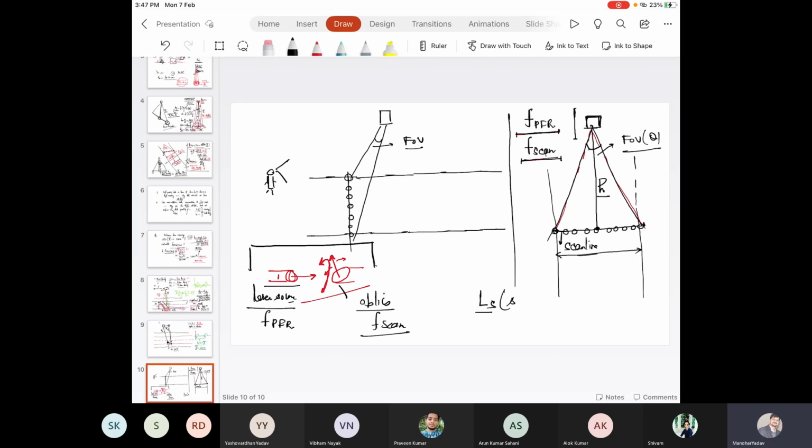This is the perpendicular line, and this is the midpoint of A and B. Let's say I represent this point as O. So AO is equal to OB. The total angle is theta. All of you do the calculation and let me know what is the length AB.